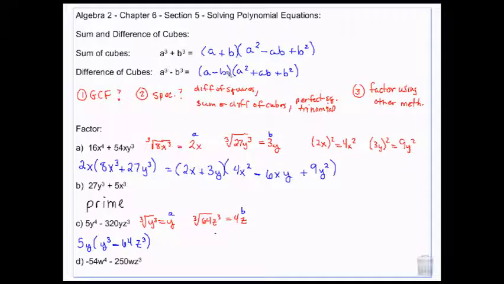So I'm going to use this pattern here. So that's A minus B times A squared plus A times B, so 4yz, plus B squared, so 16z squared.